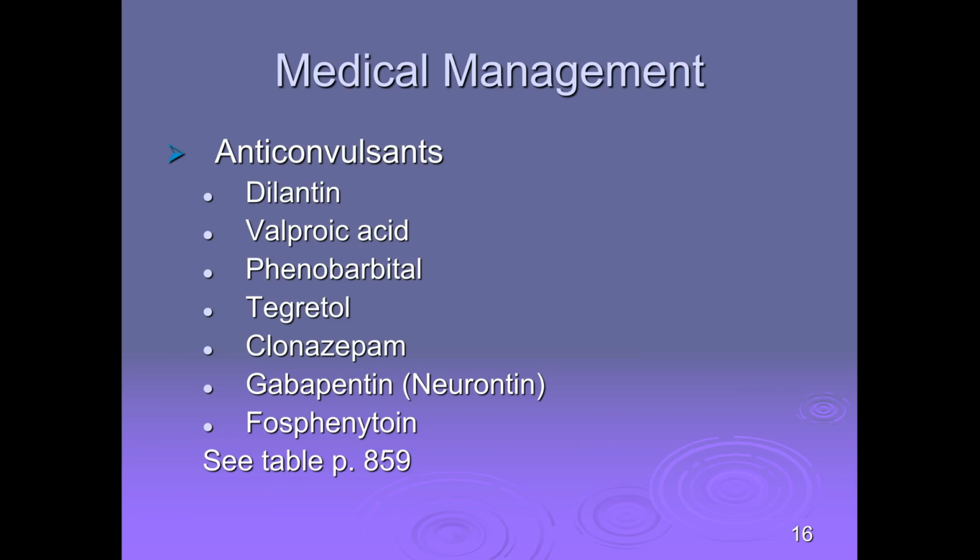Eventually, once the seizure stops, you're going to want to draw some levels and see where their medicines are, if they are on medicines, and whether they are in the therapeutic range. If they're too high, then you need to hold that dose and let the doctor know before you give their scheduled dose.